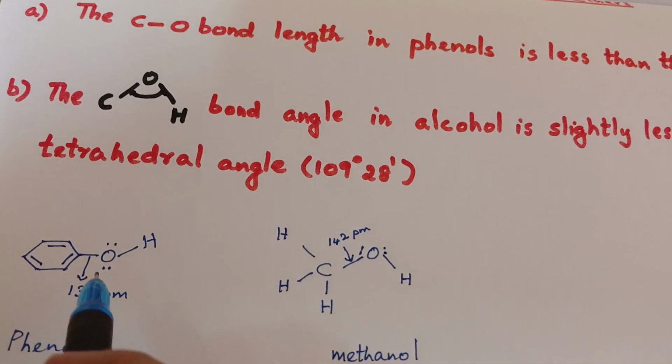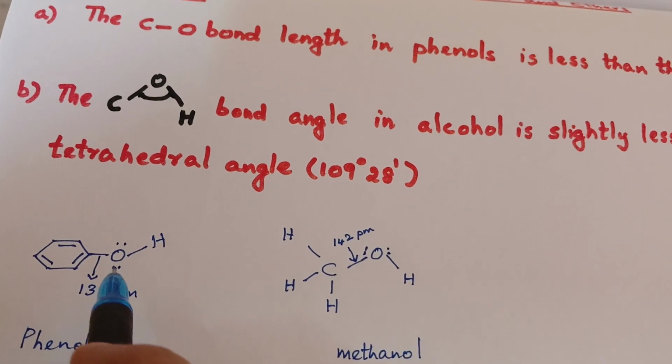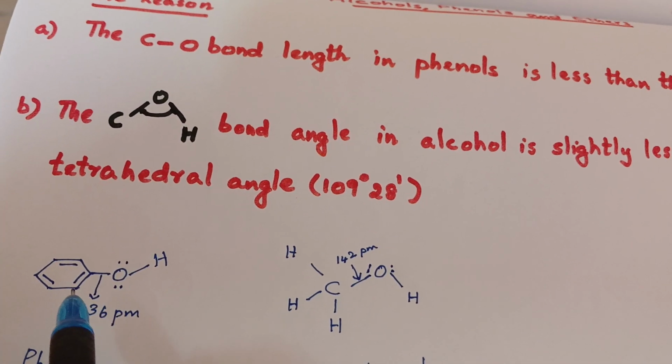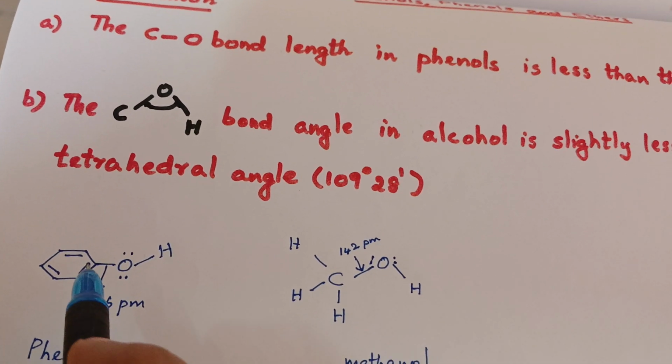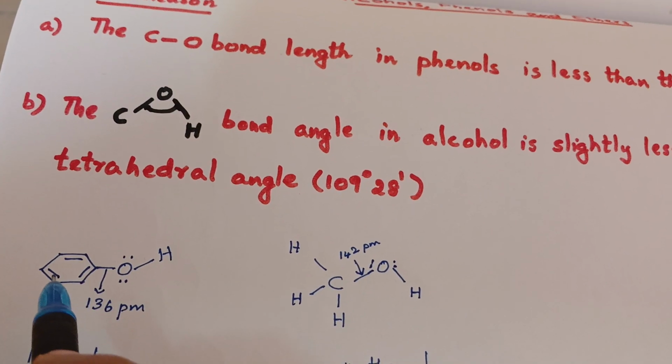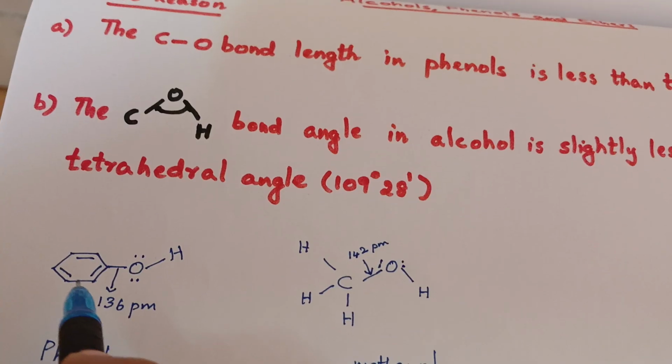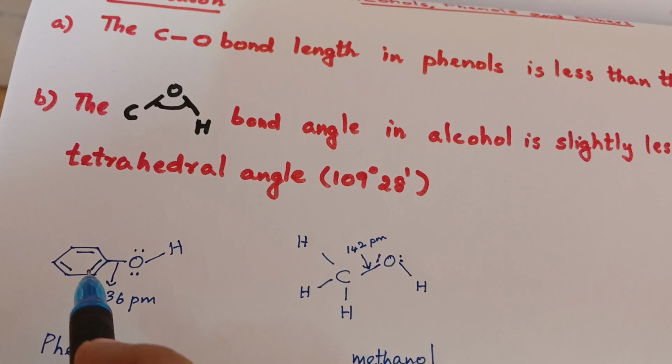We can see here that this oxygen is attached to a carbon on the benzene ring. A benzene ring means there are pi electrons, or it's an electron rich system.